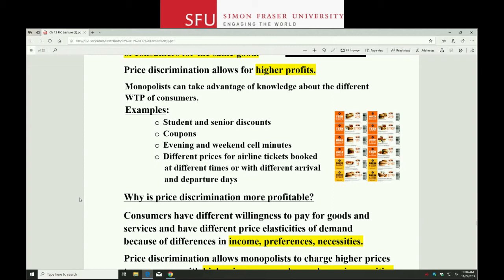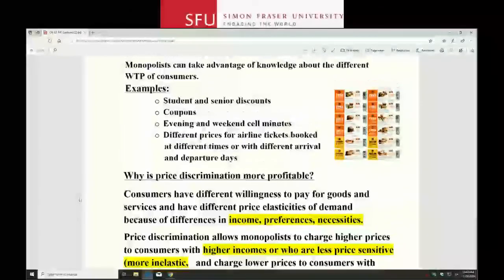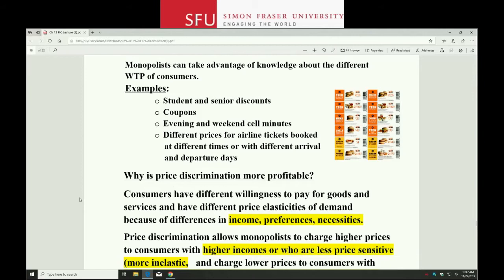Okay, so price discrimination allows monopolists to charge higher prices. Higher prices will be for people with a higher income and who have a stronger preference, or feel that it is a necessity. So that would make their demand more inelastic. Higher incomes, or people who are less price sensitive, so more inelastic.